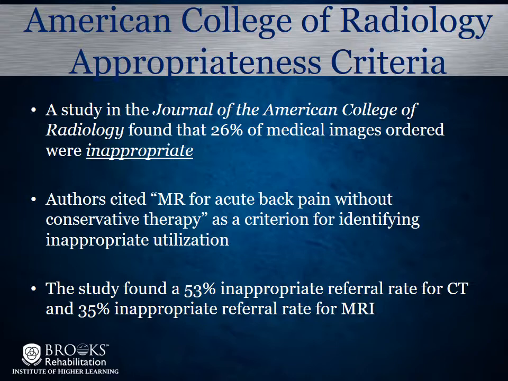So anyway, what we know is that geographically, there's parts of the country where it's actually been traced that diagnostic imaging is used at a greater rate than other places. And guess what's also done at a greater rate than other places? Surgery. So there's a direct correlation between the amount of imaging that's done and the amount of surgery that's done.